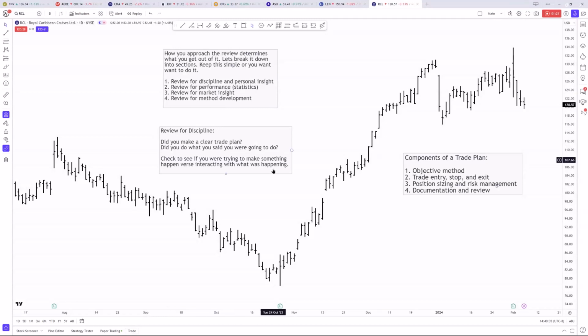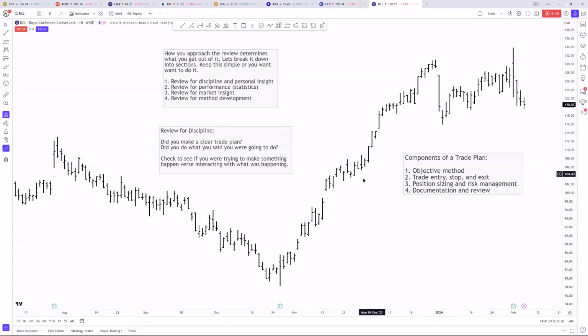You can review for discipline. Did you make a plan? Did you follow the plan? At some point, you can review also for performance, right? Your statistics, your numbers. We'll talk about that at some point, what numbers you keep track of. You can review for market insight, meaning, all right, this isn't a woulda, shoulda, coulda thing about my trades, but let's observe now that we're out of the trade and see what context the market was in.